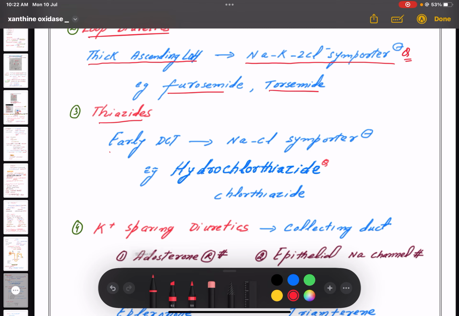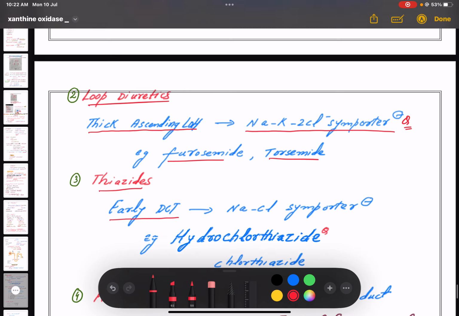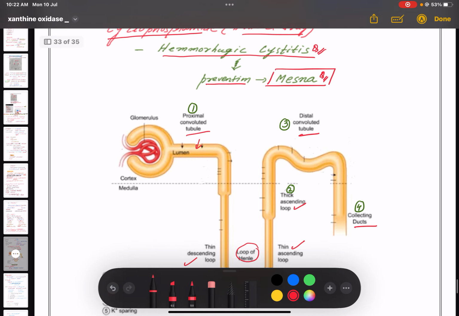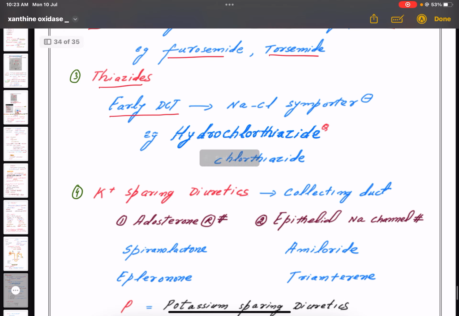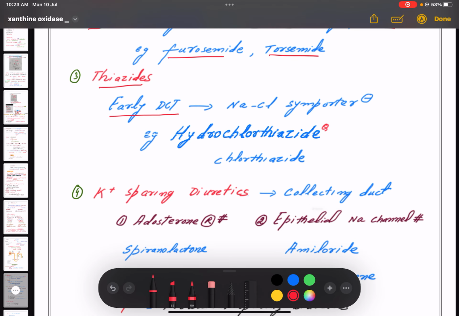Thiazides work at early DCT. This is the site where they work. And this was the question in the recent FMG exam. Thiazides work on early DCT and they inhibit sodium chloride symporter. The drugs include hydrochlorothiazide, chlorothiazide. Very important.